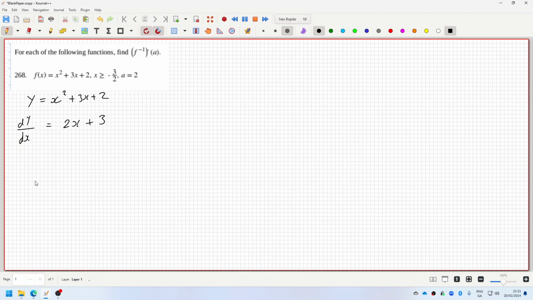And so dx/dy would be 1 over 2x plus 3. That's the inverse function, but with the wrong variable. So let me show you what I mean.